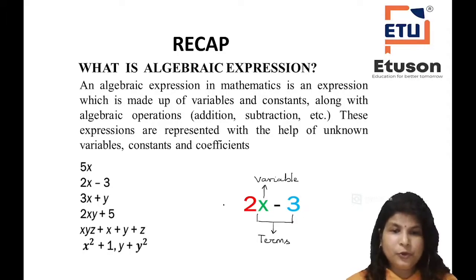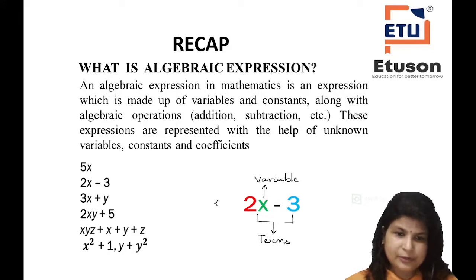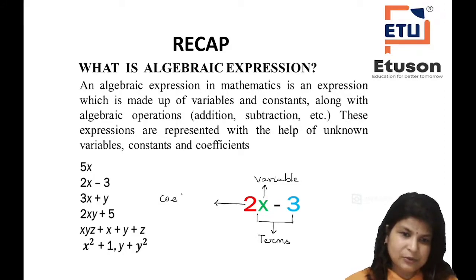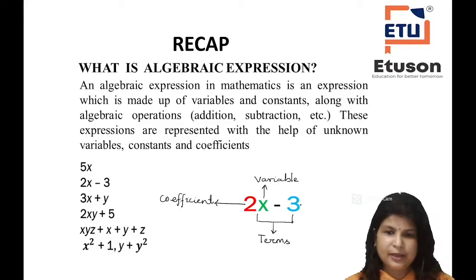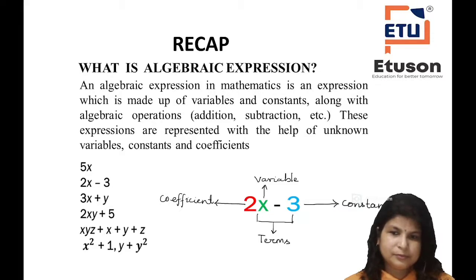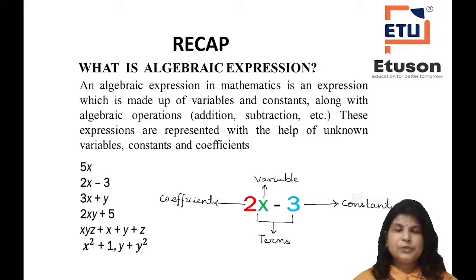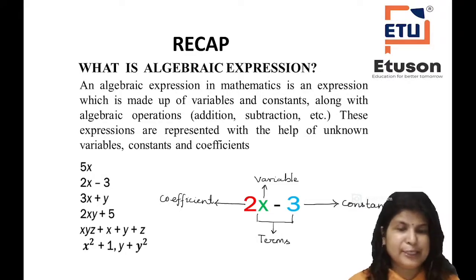What about 2 here? 2 is the coefficient. Correct or not? And what about 3 here? 3 is the constant. Correct. So these are the different components of an algebraic expression.